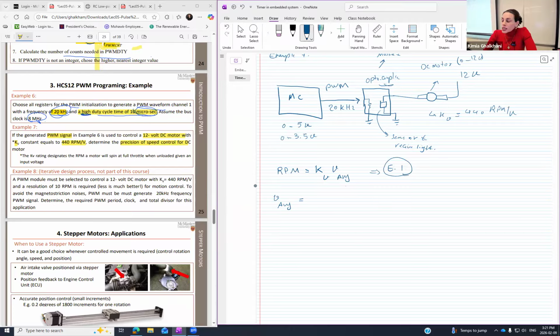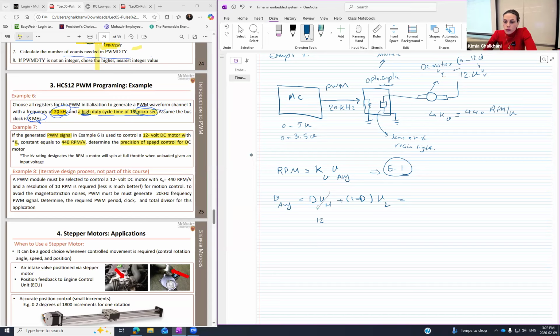From the equation that I showed you in the previous slide, which I taught last week, V average equals d VH plus (1 minus d) VL. And this is supposed to be 12d. Why is that? VH is 12. I get it from here. This is my V high. This is my V low. Do not get confused about where I'm getting this one.